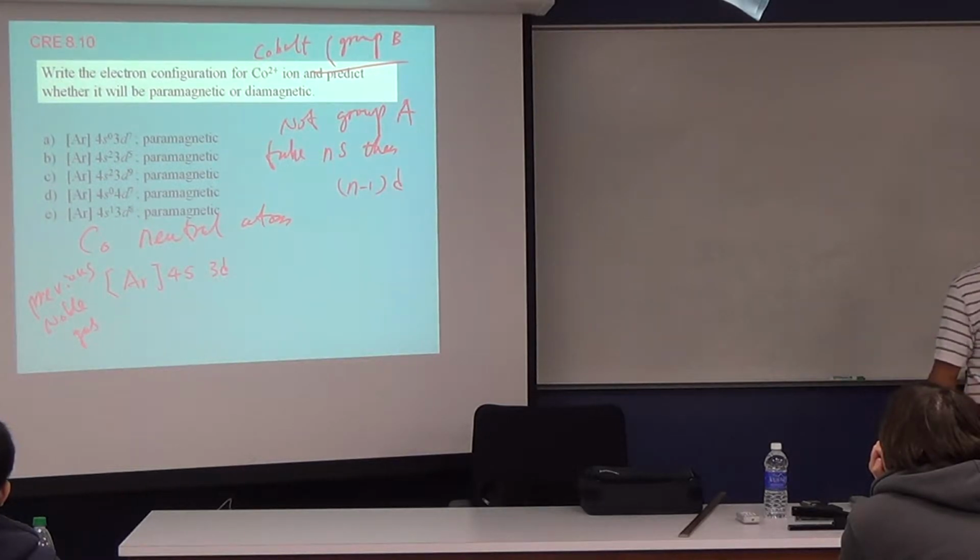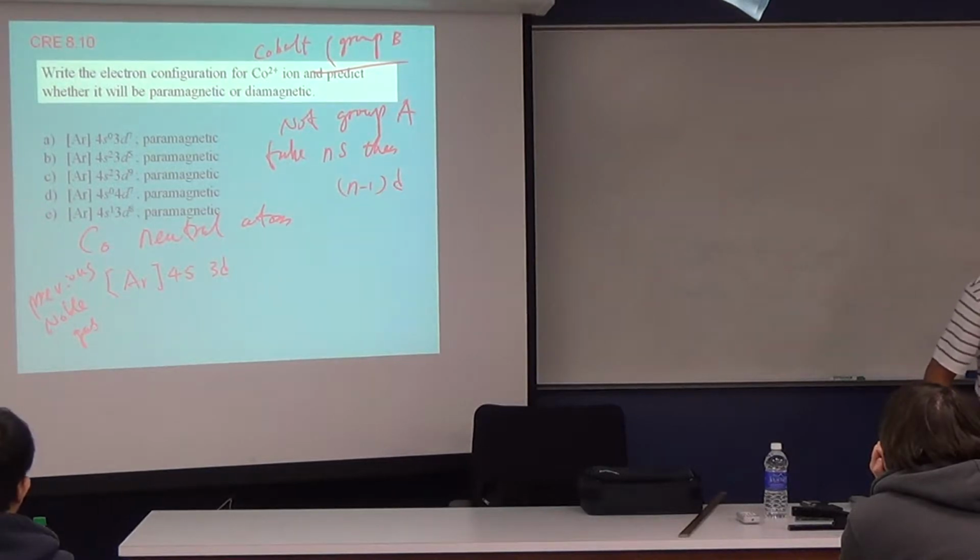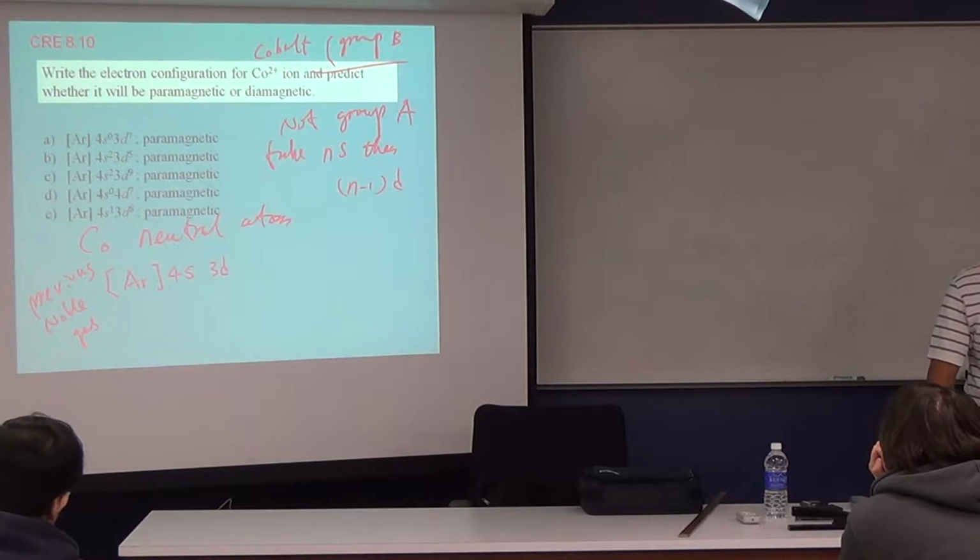So you get those orbitals first. For most of the atoms, just pile them up, lower one and then higher one. There are a few exceptions like chromium and molybdenum and so on, right? So cobalt is not an exception. And how many electrons do you need for cobalt?